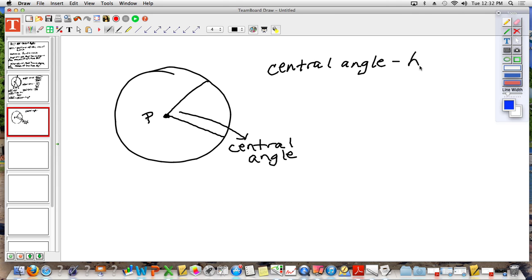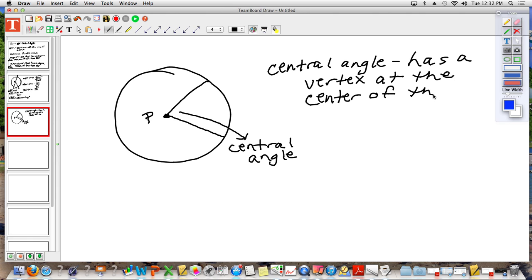A central angle has a vertex, in other words, the point at the center of the circle.